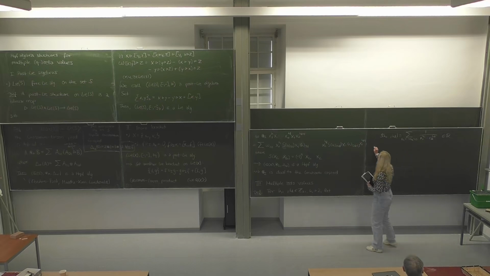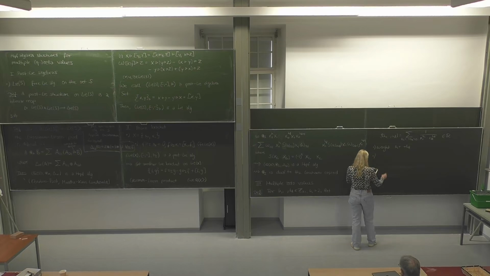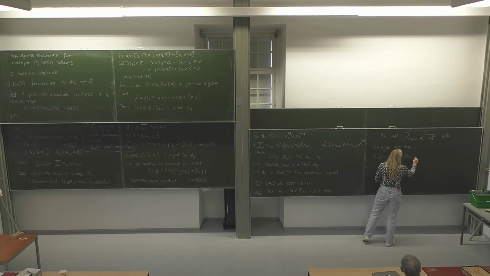Okay, we have a weight. This is just the sum of the integers. And we have the space, which is spanned by all these multiple zeta values.